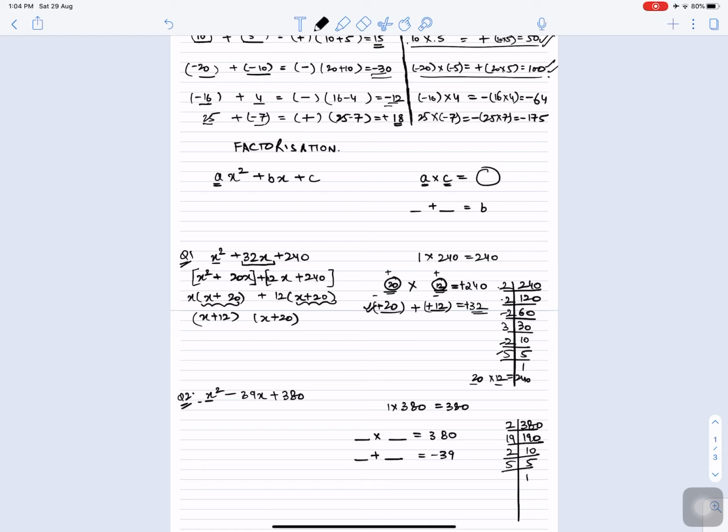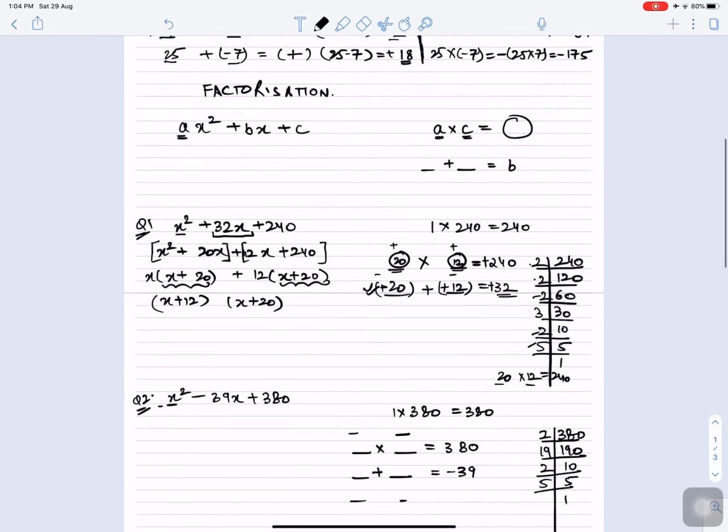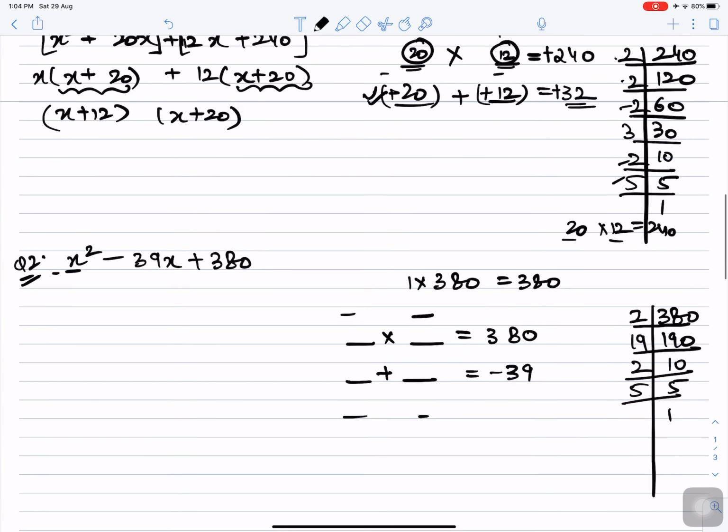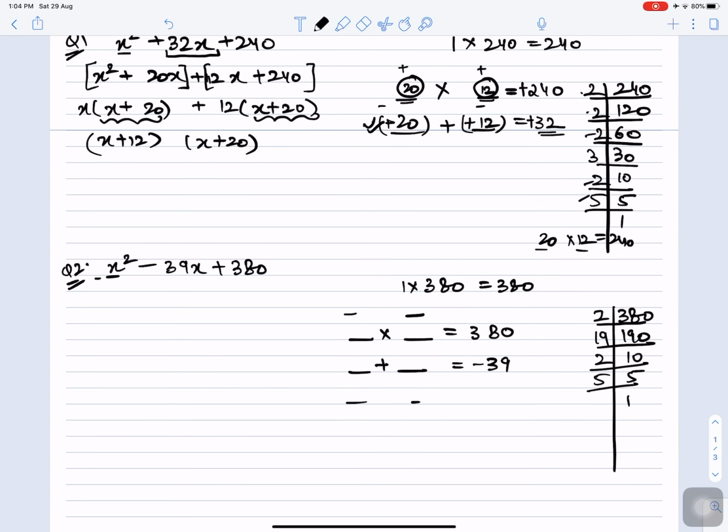When both the numbers have negative sign and we multiply them, the answer comes out positive. And when both numbers have negative sign, my answer comes out negative when we add them. So this is the case. It means before solving the question, we get the concept that both the numbers should be negative integers.